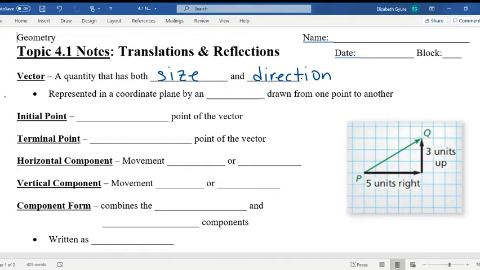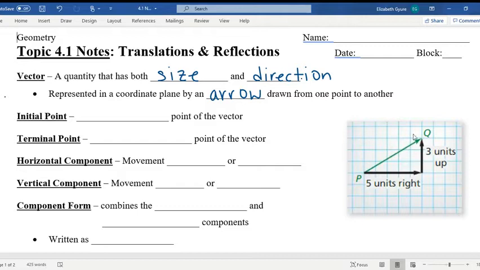It's represented in a coordinate plane by an arrow drawn from one point to another. So if you take a look at this little picture down here, see all these little arrows? These are vectors.